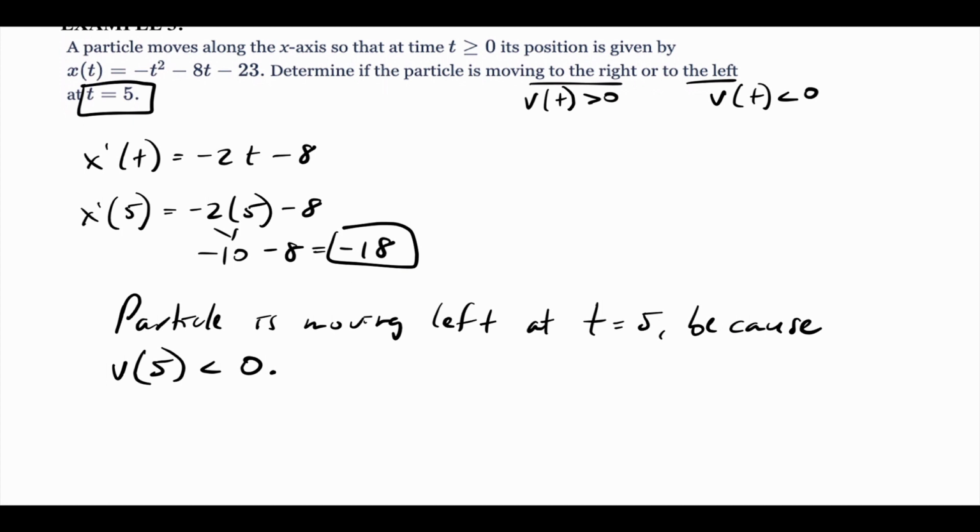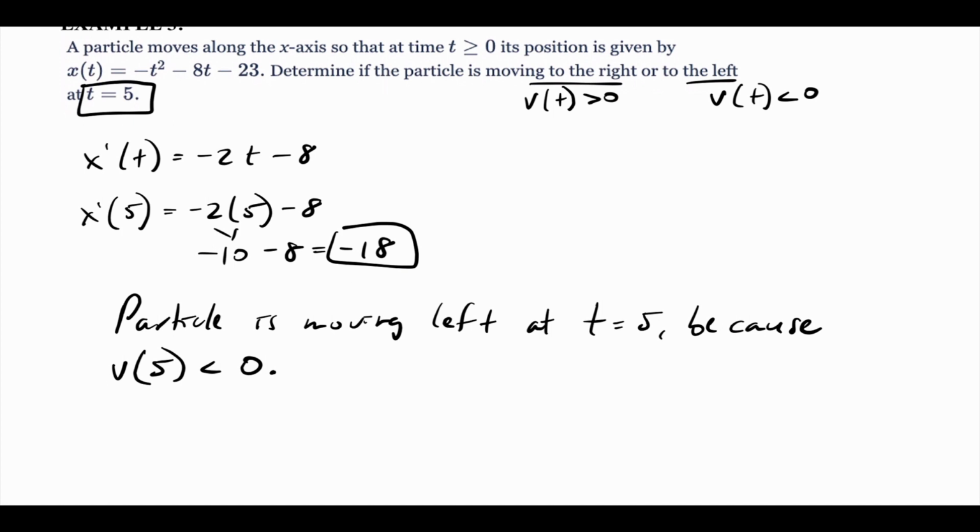Since this particle moves only along the x-axis, it's only going left or right, or stopping. It can't go in any other direction. So the hard part about this is just translating what that means. What does it mean moving to the right and moving to the left? All stuff you've done before.